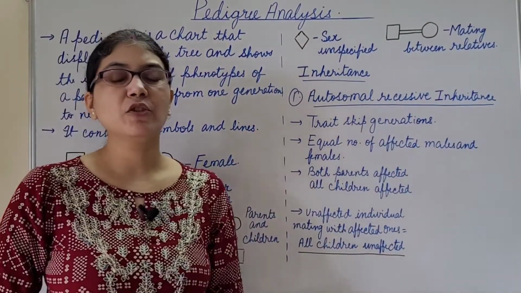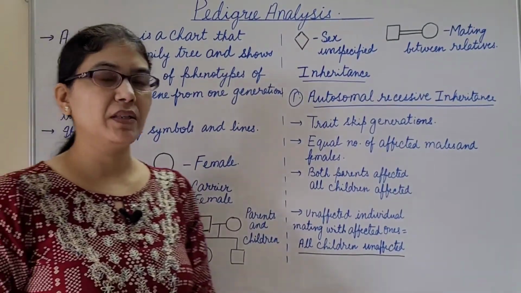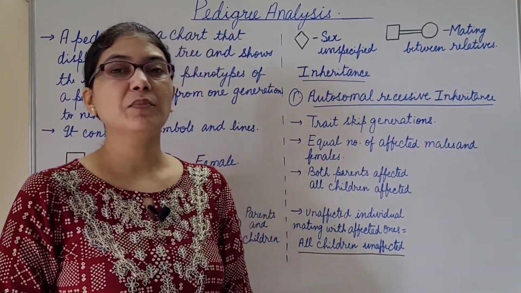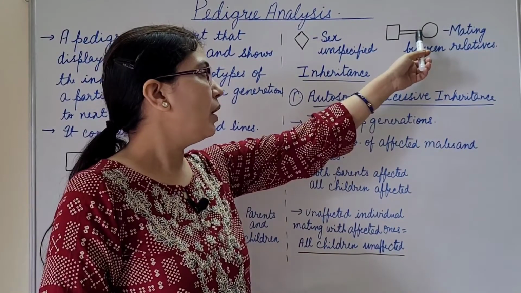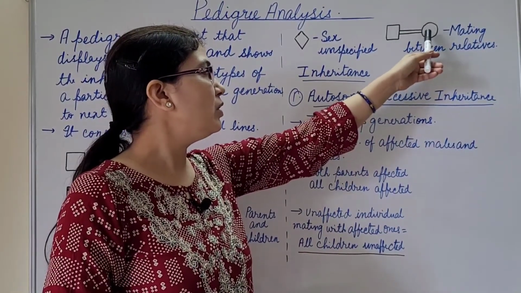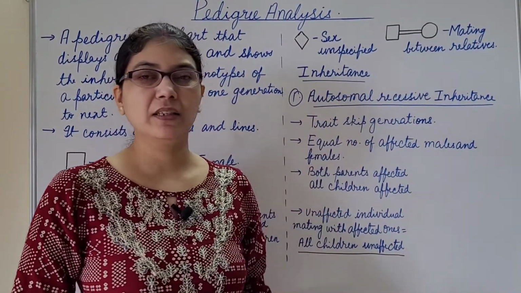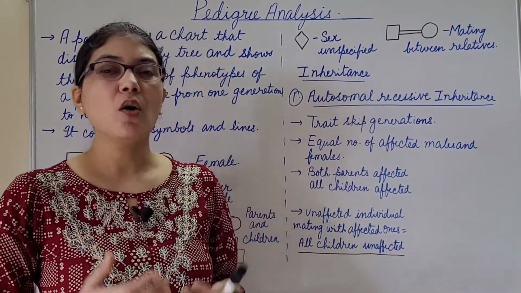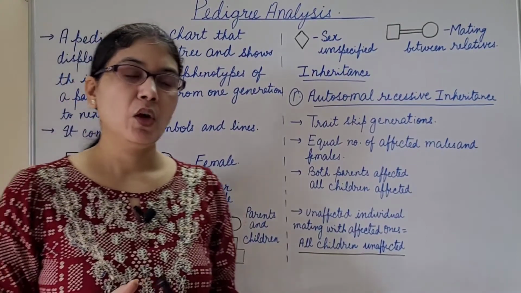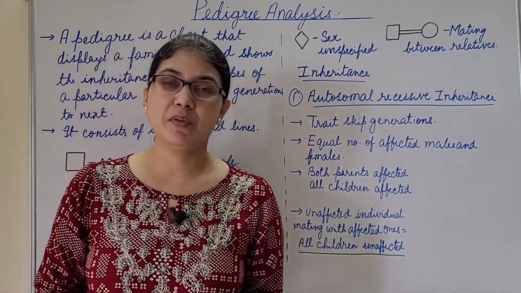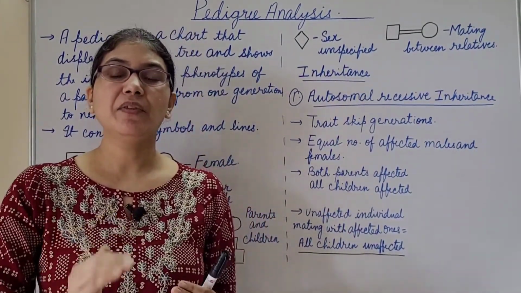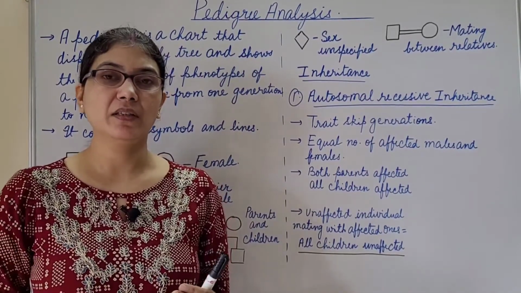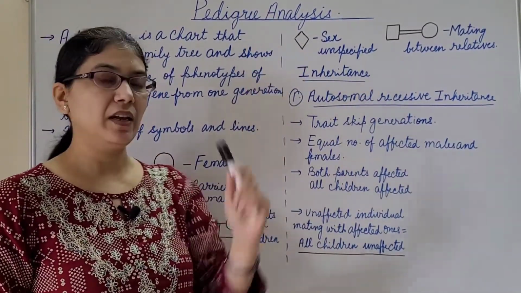This type of symbol shows that sex is unspecified, that is, the offspring is unborn. And when two symbols are joined by two lines, it means mating between relatives, maybe cousins or any distant relative. So, using this pedigree, we study different types of inheritance, and this is known as pedigree analysis.